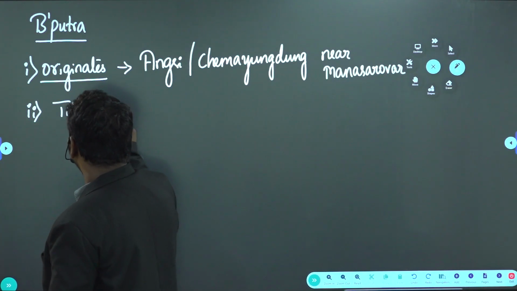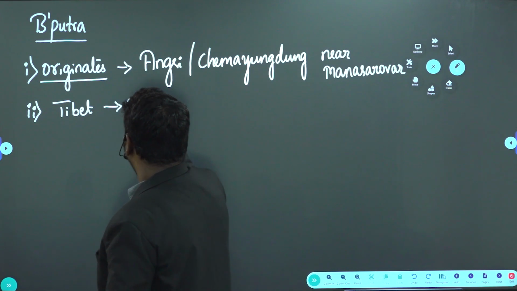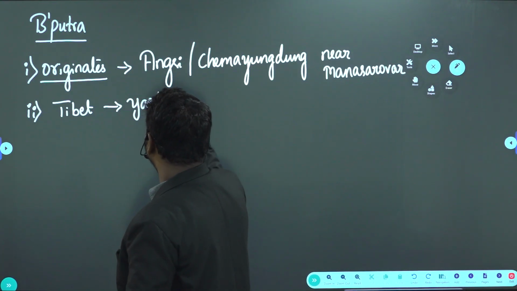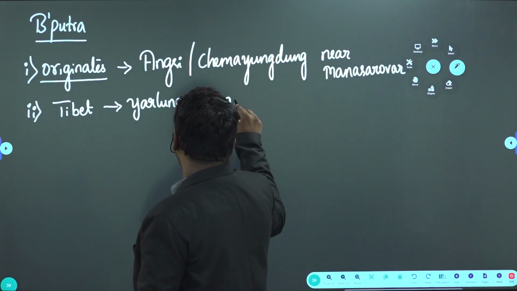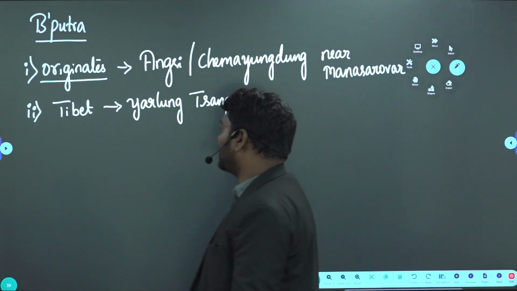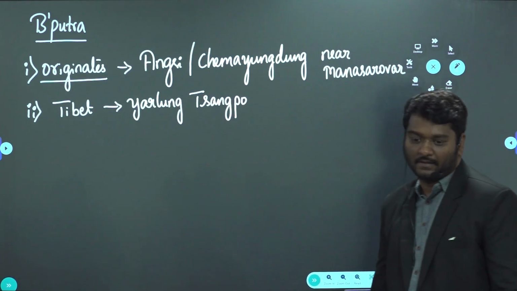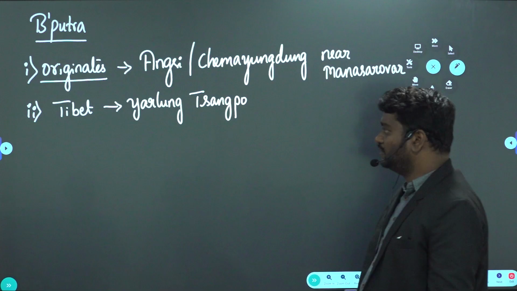In Tibet, it is known as Yarlung Tsangpo.